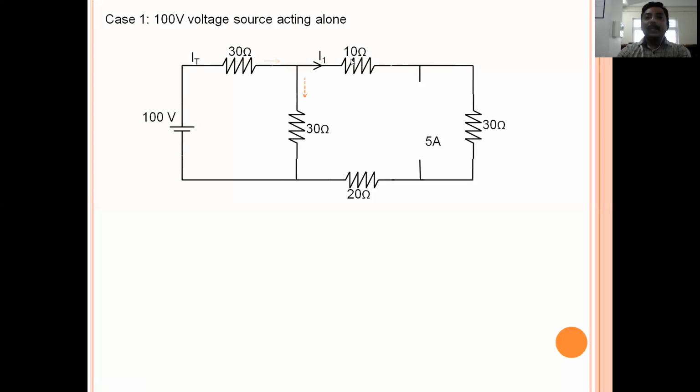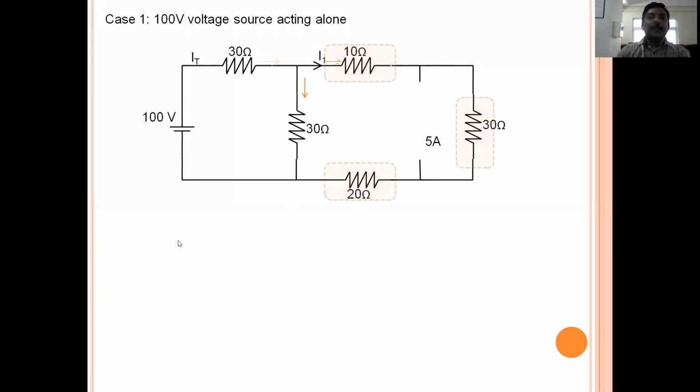Here you can see that the 10 ohm, 30 ohm and 20 ohm resistors are in series after replacing the current source with an open circuit. We already studied that if resistances are in series, the effective resistance is the sum of all the resistances in the series part.